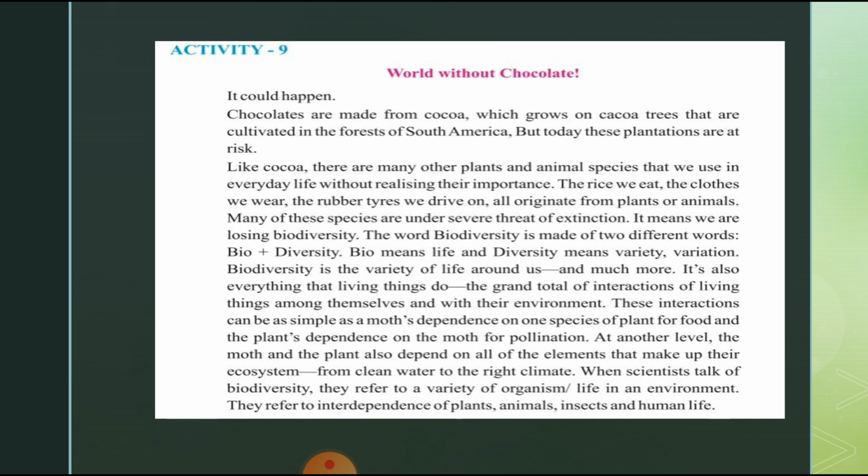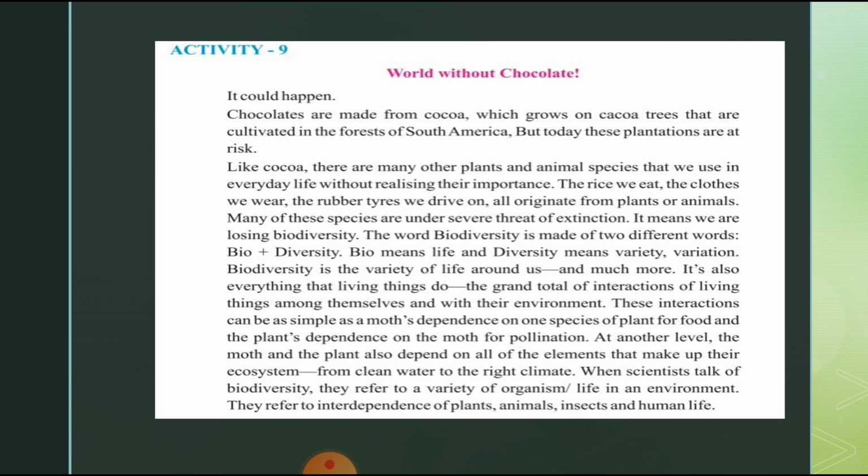Now we will discuss activity 9, about a world without chocolate. It could happen. Chocolates are made from cocoa. We all know chocolates are made from cocoa powder, and you all love to eat chocolates.